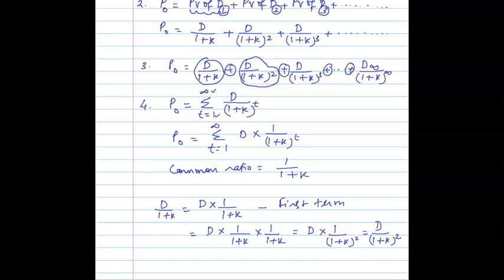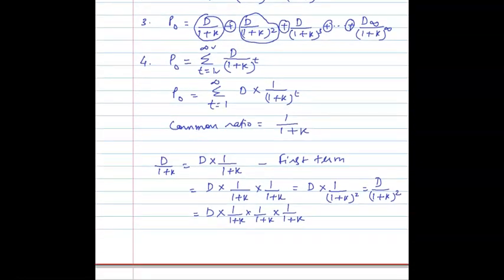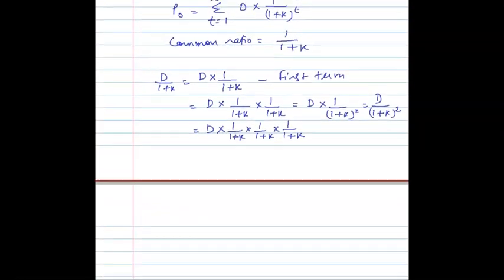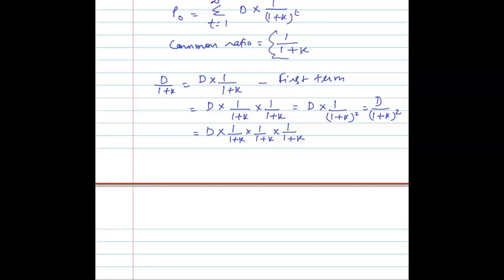If I had to write out the third term, I would write d times 1 over 1 plus k times 1 over 1 plus k, and then multiply with another 1 over 1 plus k. So as we progress ahead in time, we continue to multiply with a common ratio, which is nothing but 1 over 1 plus k. That is one observation we have made.